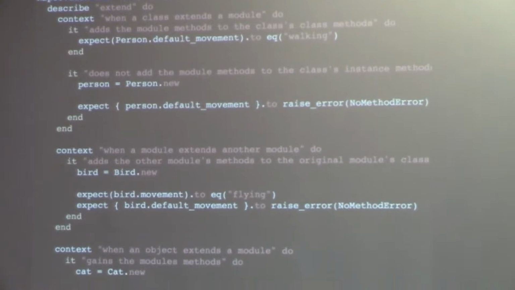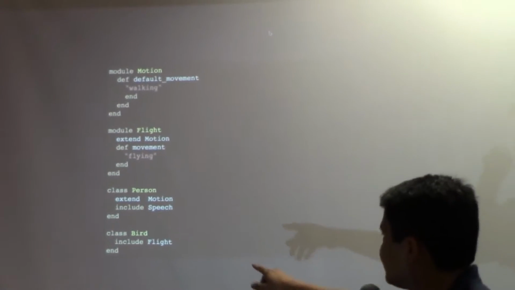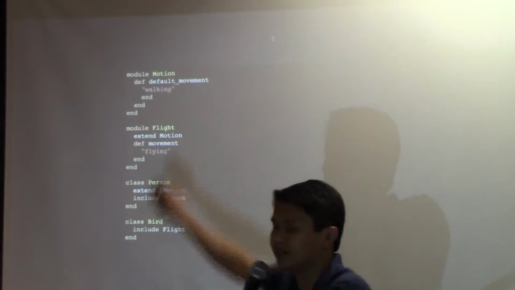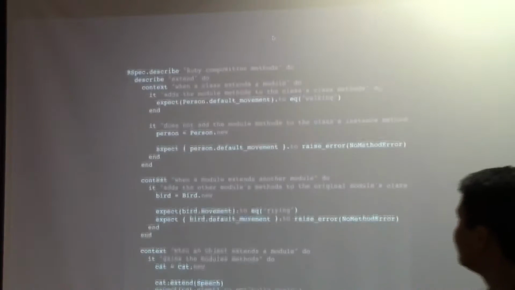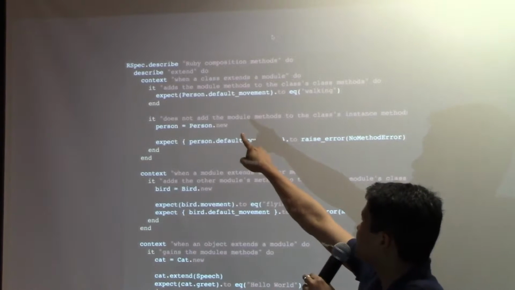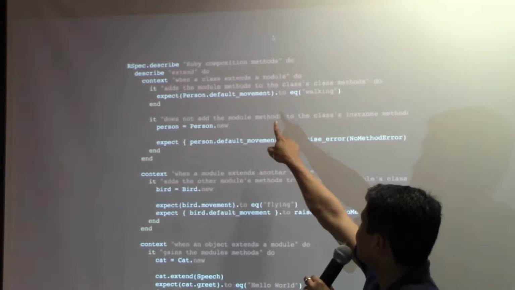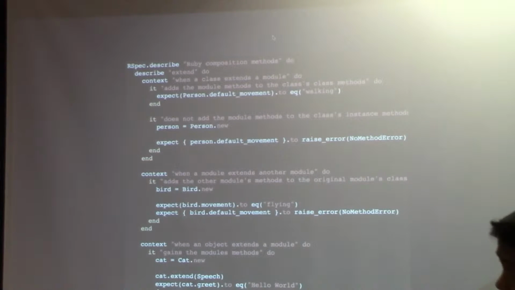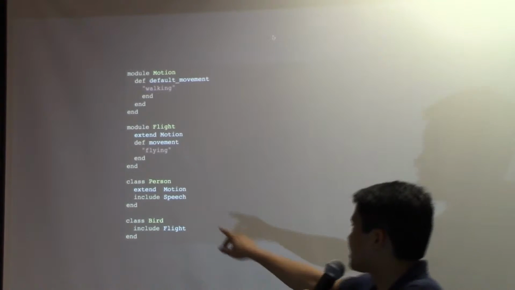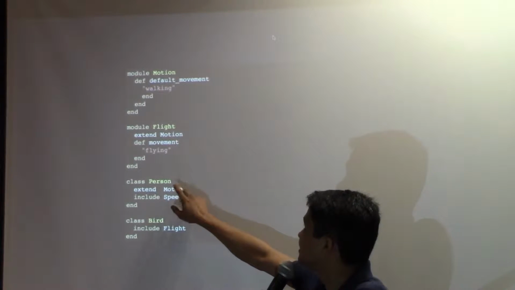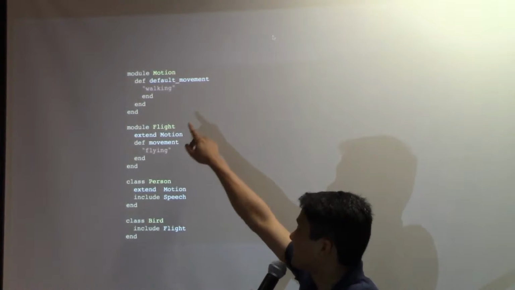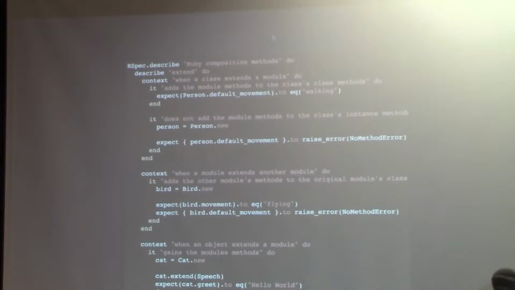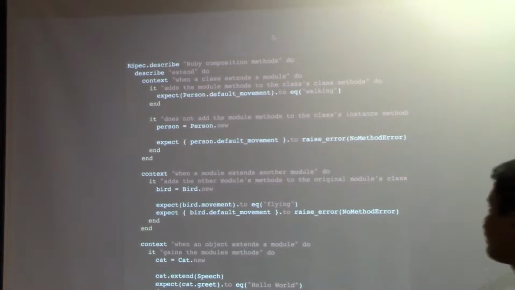So if we go back to the definition of Person, Person extends Motion, and Motion defines the default_movement. So expect Person, capital P, dot default_movement to equal walking. This works because we've extended the class Person with the module Motion, and therefore it gets the default_movement method.